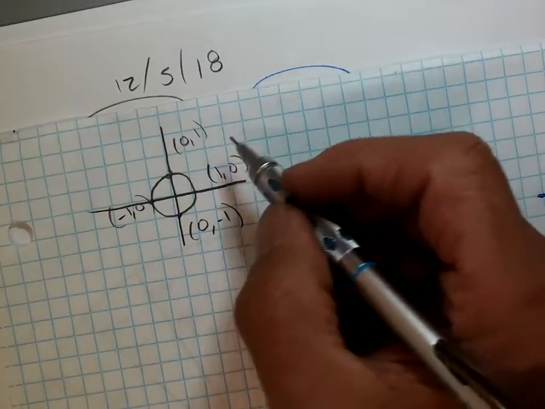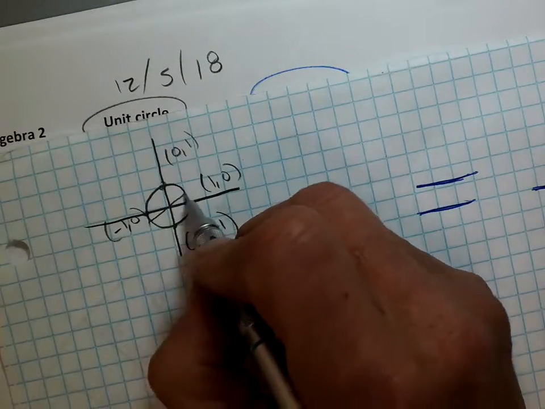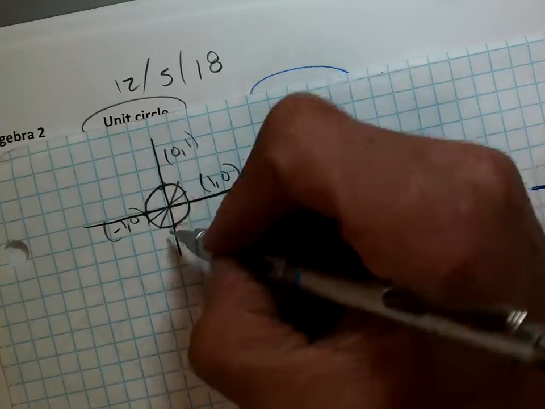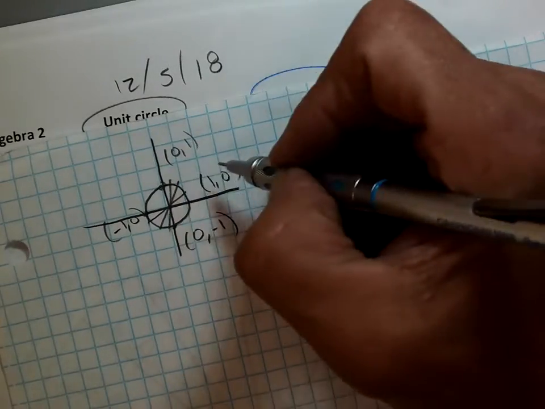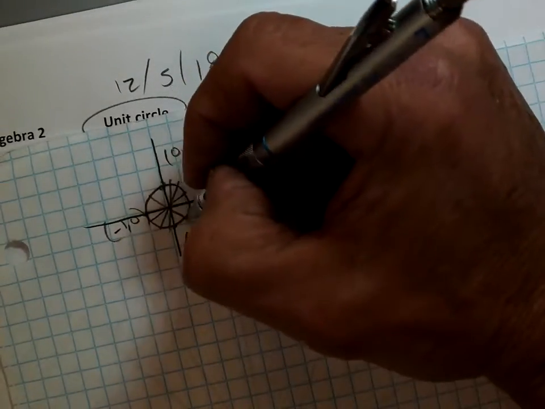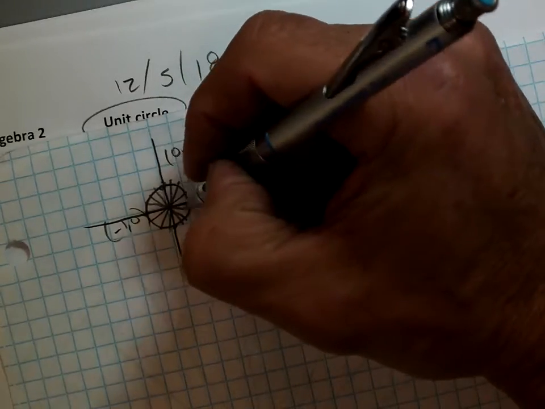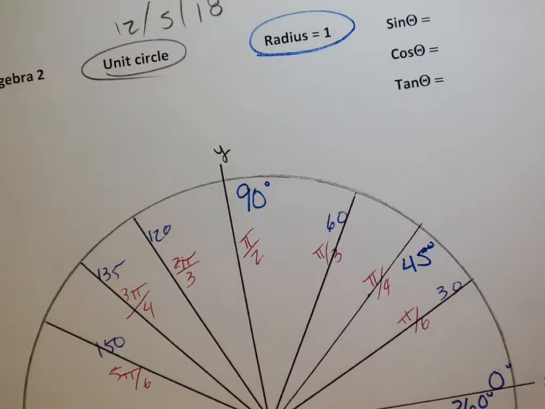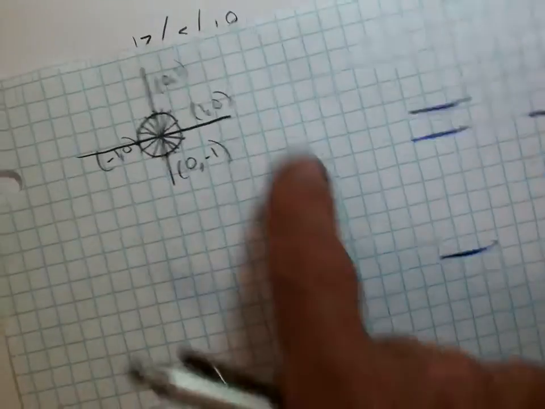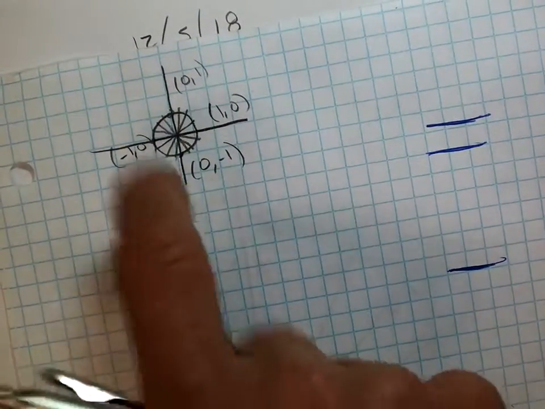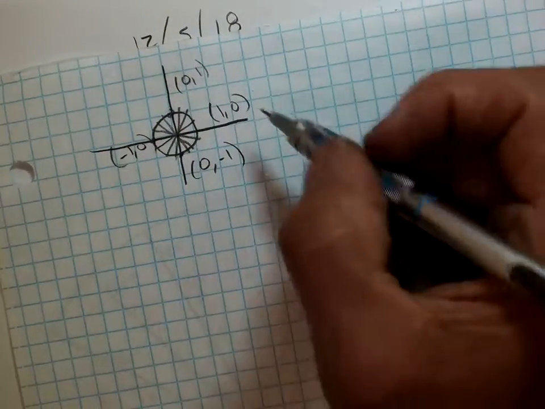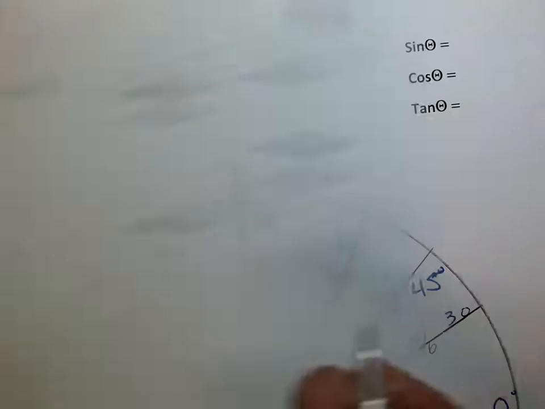And then we'd have all these other angles, but they'd be really squished. You guys agree? So when I look at my unit circle here, it's really this circle on the grid, on the xy plane. X-axis, y-axis, right? So we got that?